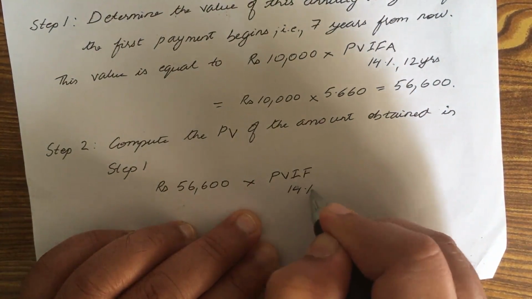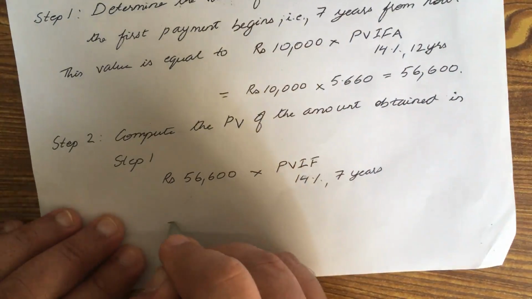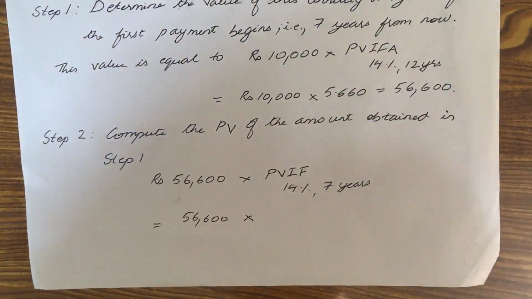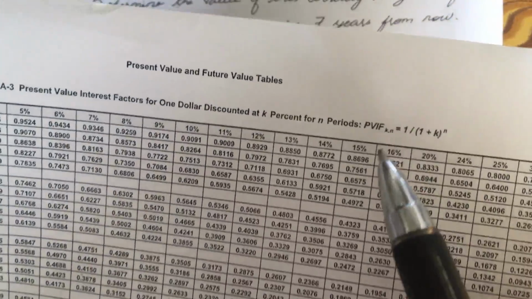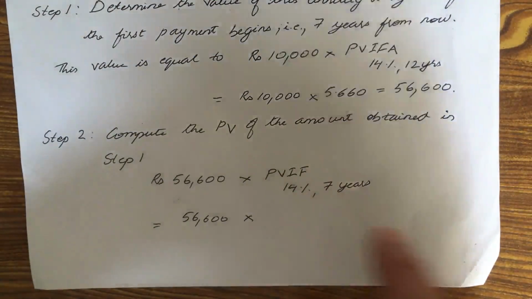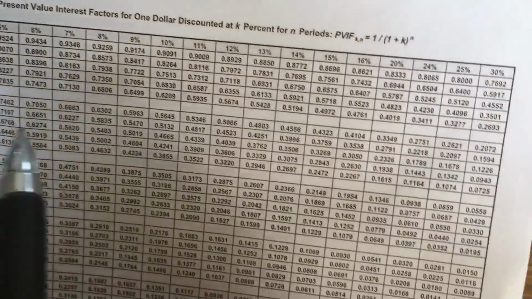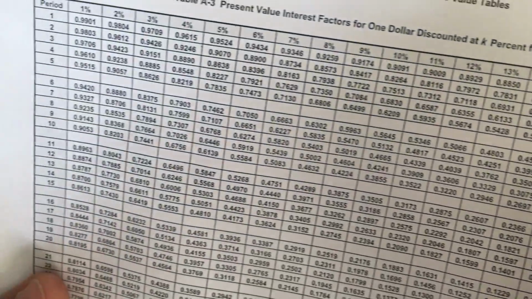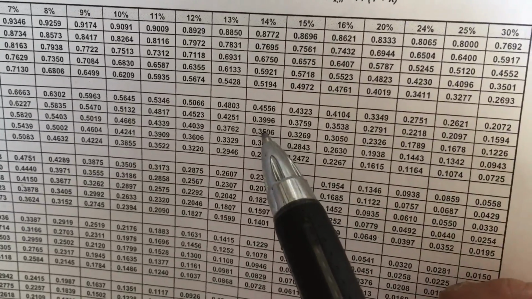14%, 7 years equal to 56,600 into PVIF. Now you go to the PVIF table, go to 14%, 7 years. So the value that corresponds to 14% in 7 years is 0.3996.